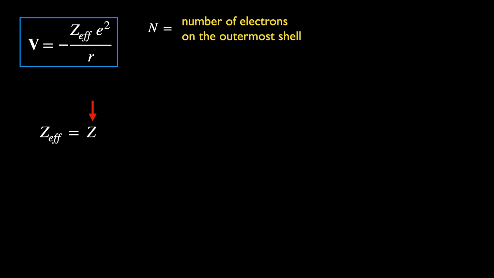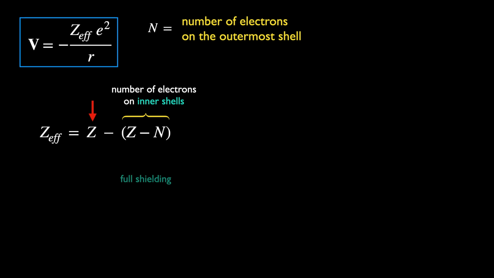If we just look at a particular electron on the outermost shell, this electron will feel a potential with some effective Z. Assuming that N is the number of electrons on the outermost shell, the effective Z is the bare Z value of the nucleus, minus the total number of electrons in all the inner shells. This represents the full shielding effect of the inner electrons.